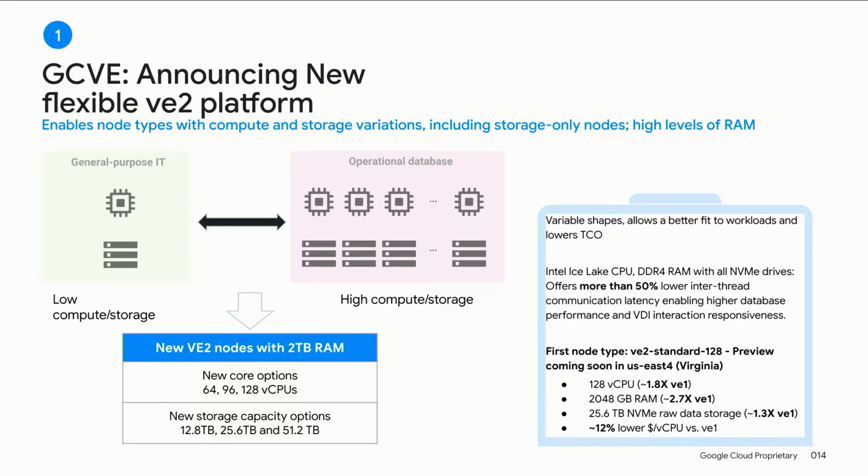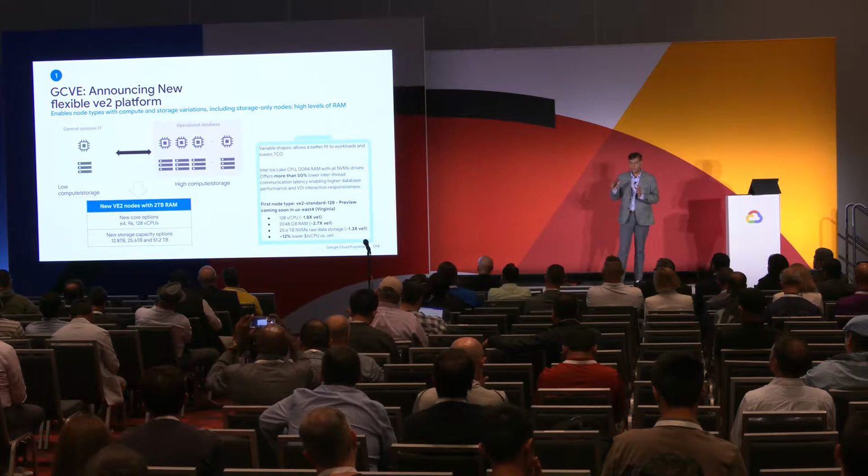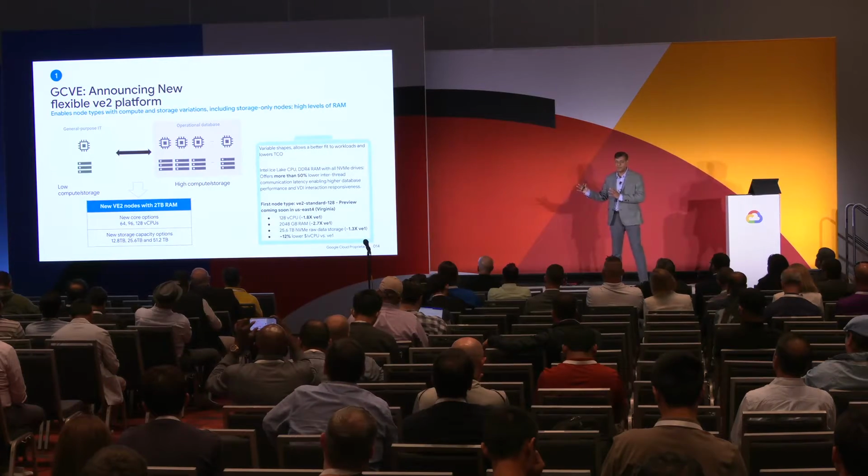And that doesn't work when it comes to cost, right? So what you want is a platform that gives you the flexibility of choosing the right level of compute and storage that you want to allocate to your workload so that you can get the best TCO. And we obviously offer it at different price points.